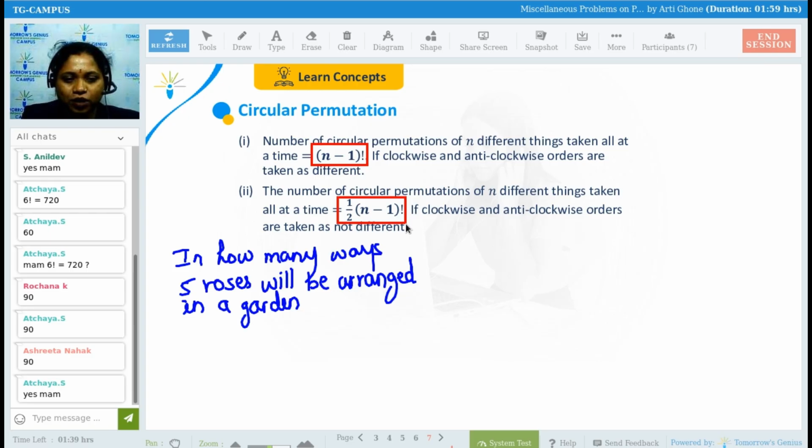In how many ways are we going to arrange the 5 roses in a garden? Very simple question.